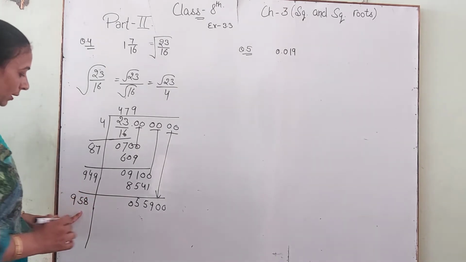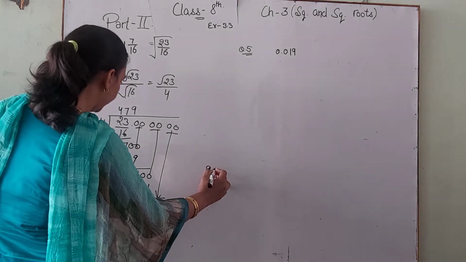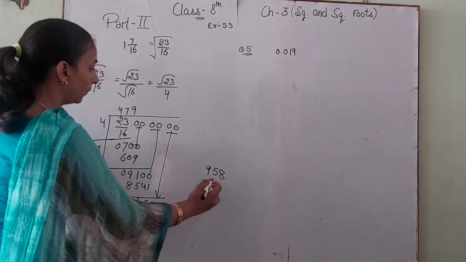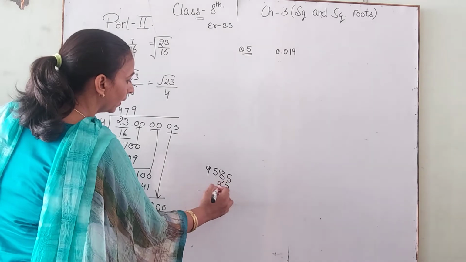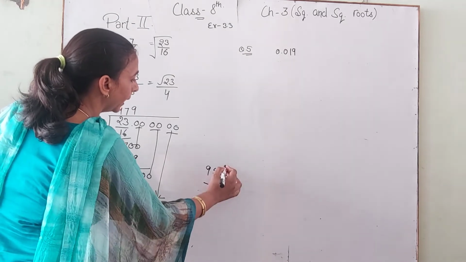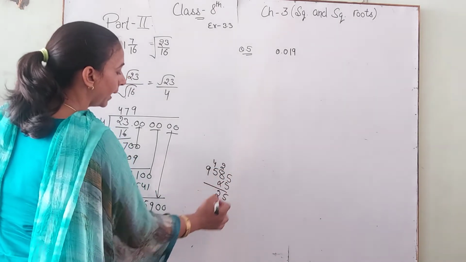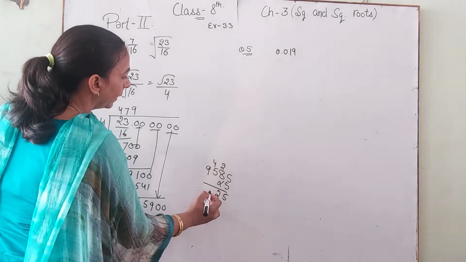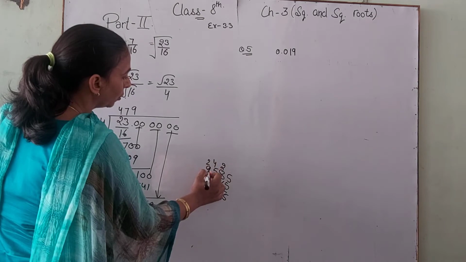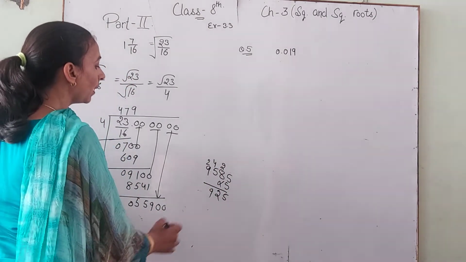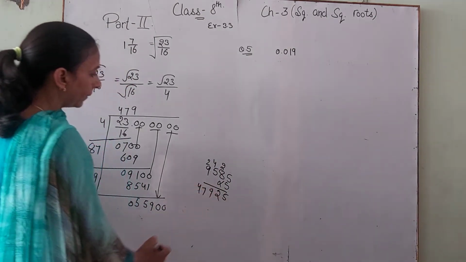Again you check 9, 5, 8 with 5: 5 fives are 25, then 2, 8, 5 fives are 40, 42, then 4, 5 fives are 25 and 4, 29, then 2, 9, 5 fives are 45, 47.